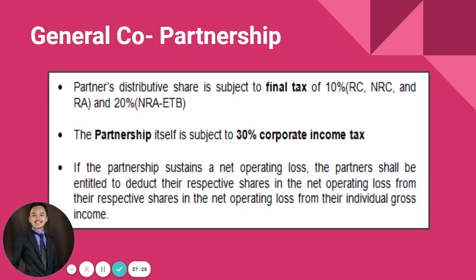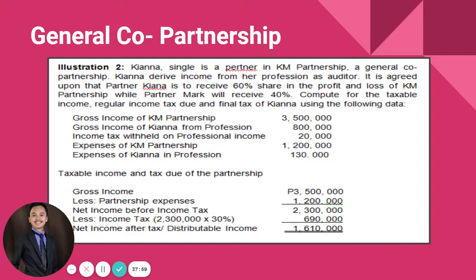So for example, let us say there's a net operating loss of 100,000. And let's say we have partners A and B sharing 50% equally for any gain or loss. So, that 50,000 share of each of the operating loss can be deducted. Okay? It can be claimed as a deduction in computing their taxable income as an individual, in their return, if ever there is an operating loss.